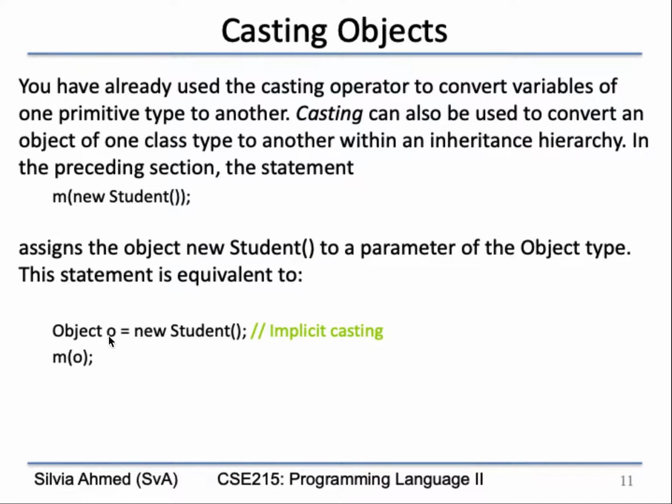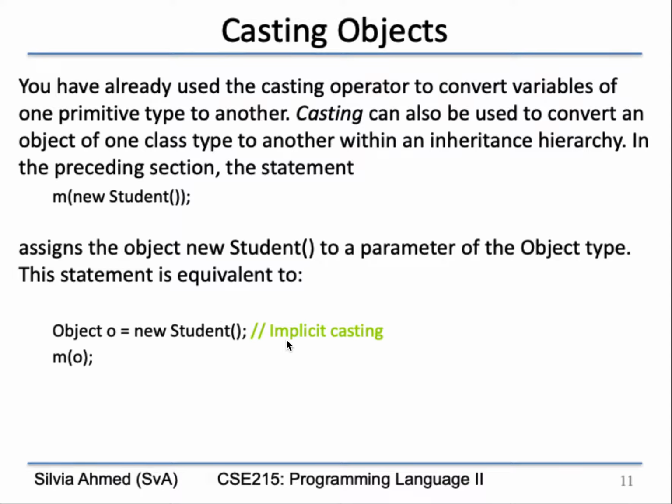This type of assignment is known as implicit casting. It is implicit because we are not mentioning the casting explicitly. That means when a supertype object is needed, we can pass or use any of its subtypes, and for this we don't need to write any separate code.